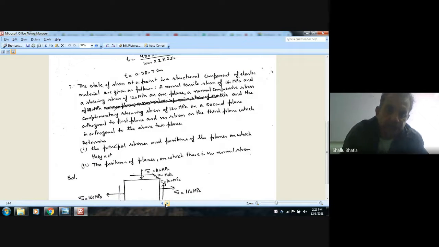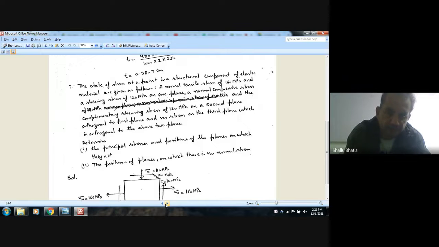The state of stress at a point in a structural component of elastic material are given as follows. A normal tensile stress of 160 MPa and shearing stress of 120 MPa on one plane. A normal compressive stress of 110 MPa and complementary shear stress of 120 MPa on a second plane, orthogonal to first plane.